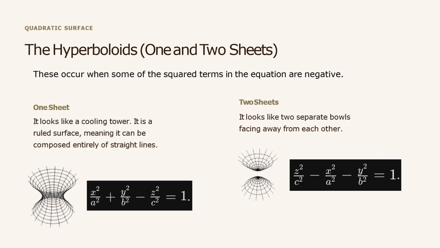These shapes are commonly used in architecture due to their strength and unique appearance. As you can see in these images, they show the one sheet and two sheets, and these are the formulas given here for these two types.